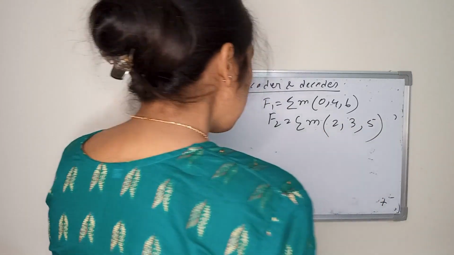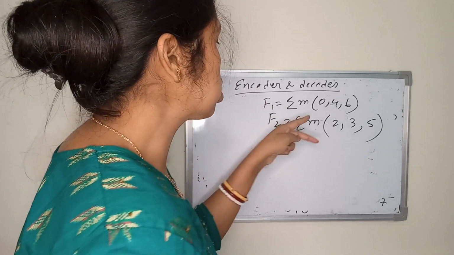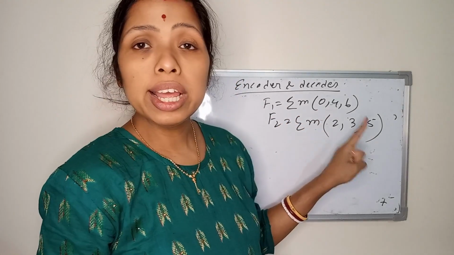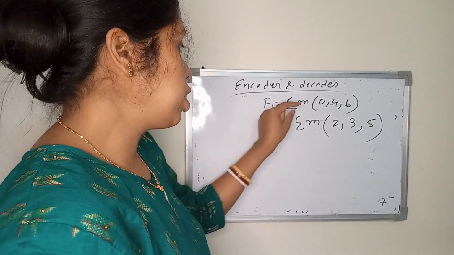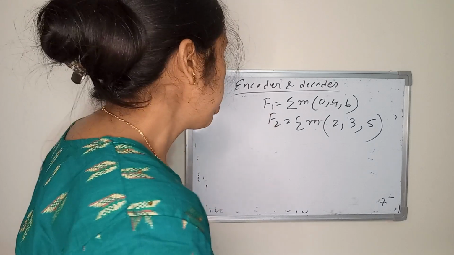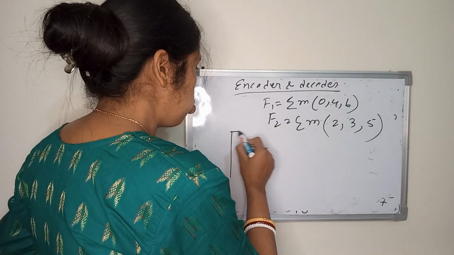So you have two functions. In one function you have the minterms 0, 4, 6, and in the other function you have 2, 3, 5. Rather than using the basic gates, you have to use the 3 to 8 decoder. So first I am drawing the 3 to 8 decoder.